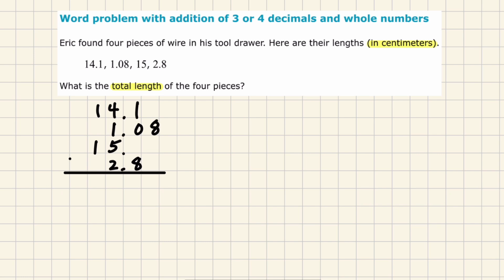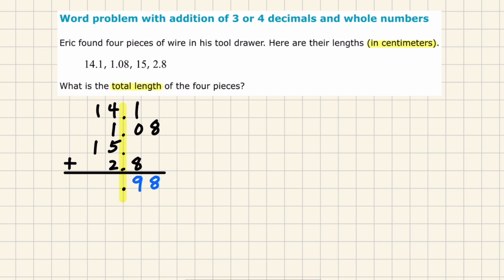These are the values for the lengths that we'll need to add, and since the decimals are aligned, our new decimal will be in the same place, and otherwise we just move right to left as we normally would when adding multiple numbers. On the far right hand side, we only have the 8, so 8 plus nothing would be 8, and then 1, 0, and 8 would add to 9.